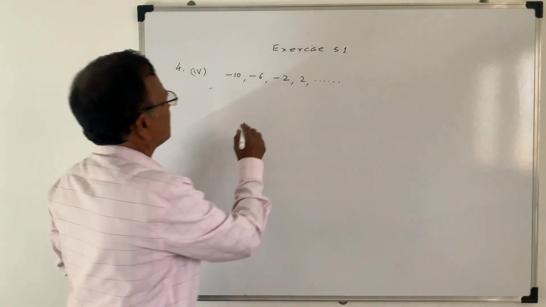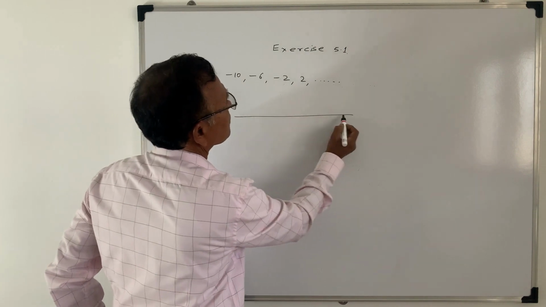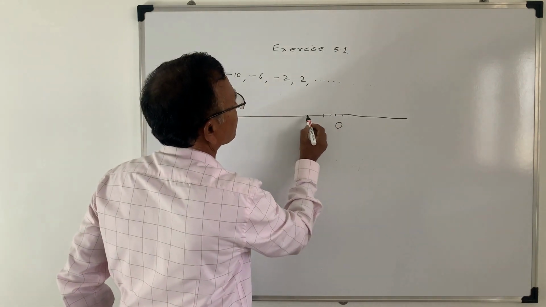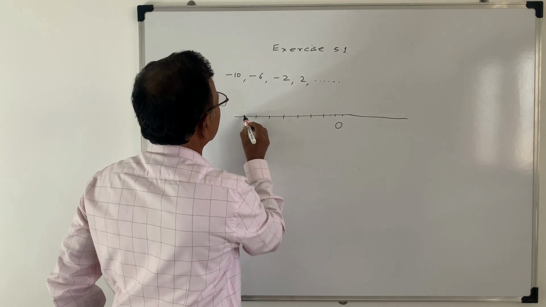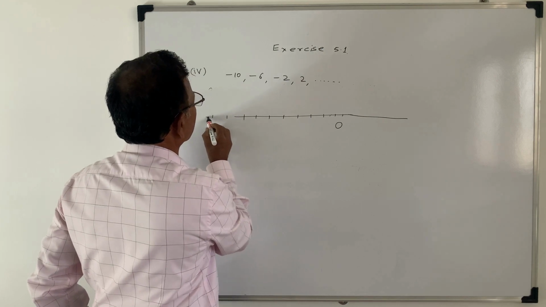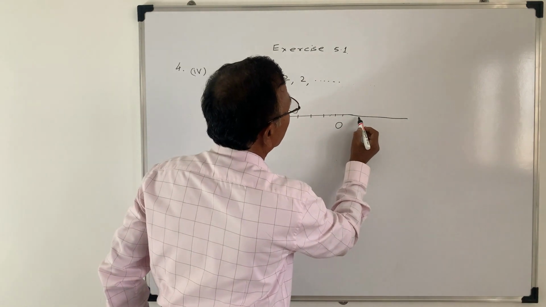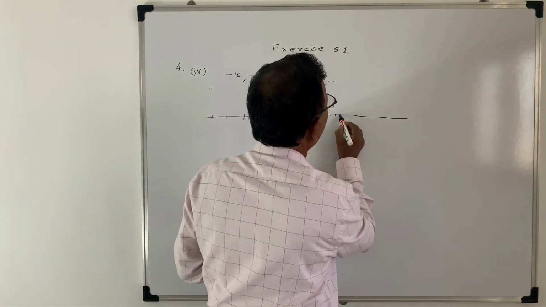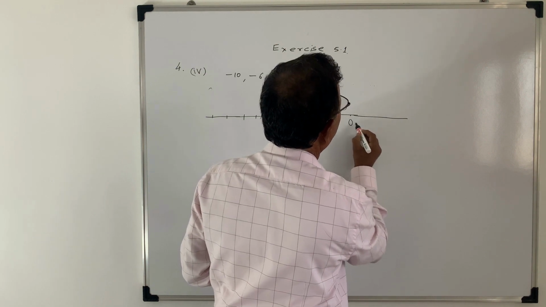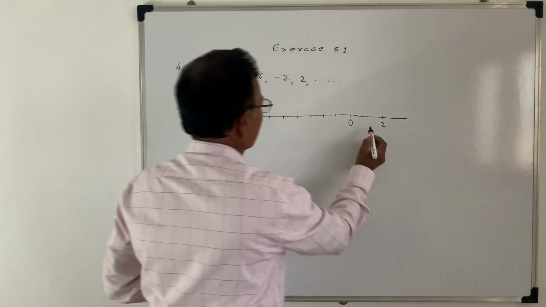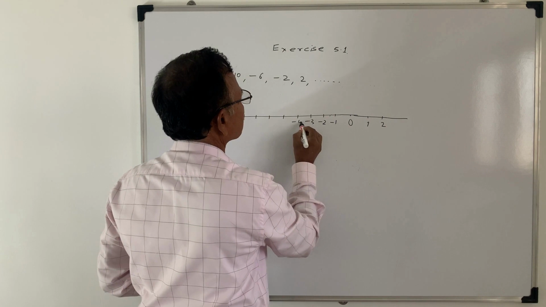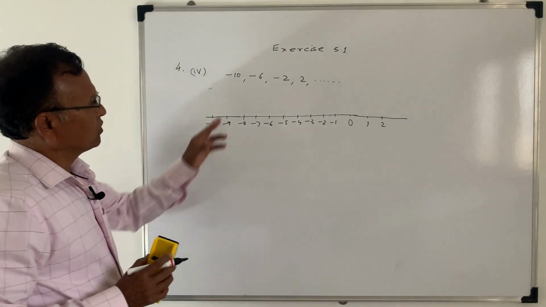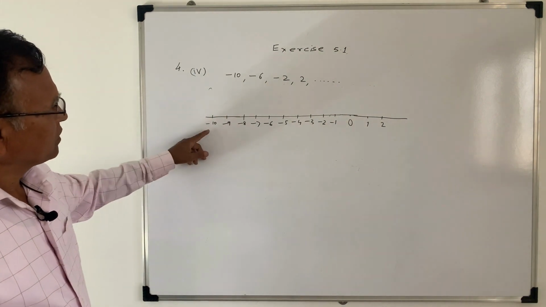Here also, this is the number line. So for this sequence we can write like this.